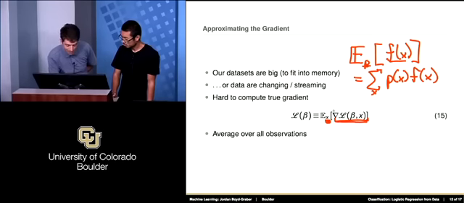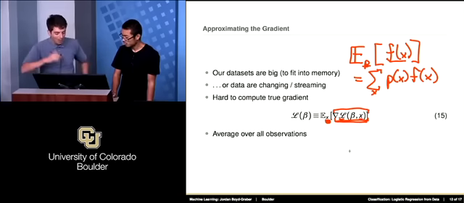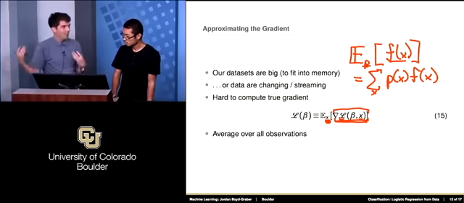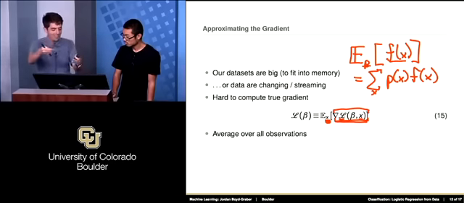And what is it that we're taking an average of here? This is the gradient of our objective function with respect to a single observation. So if you average that over all the things in the universe, then do you believe that that is equal to the gradient with respect to the true data set?